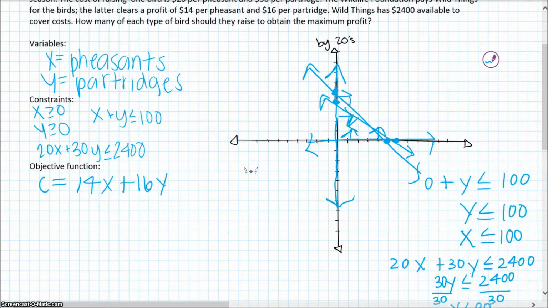And then if we plugged in 0 for both of those numbers, it would be less than 2,400, so that's also true, so we would need to shade down here too. So now that we have all that filled in, the darkest place that would be shaded is right in here.